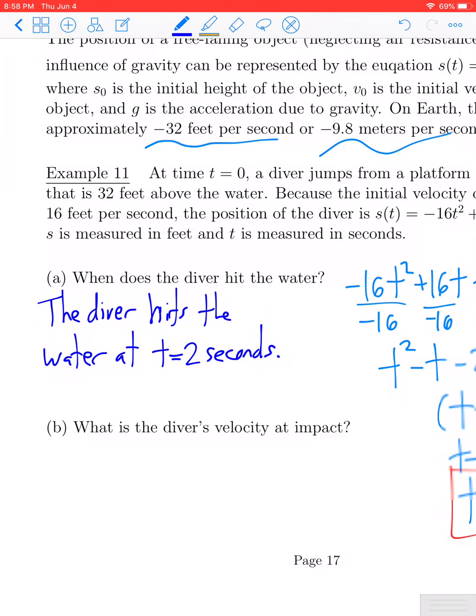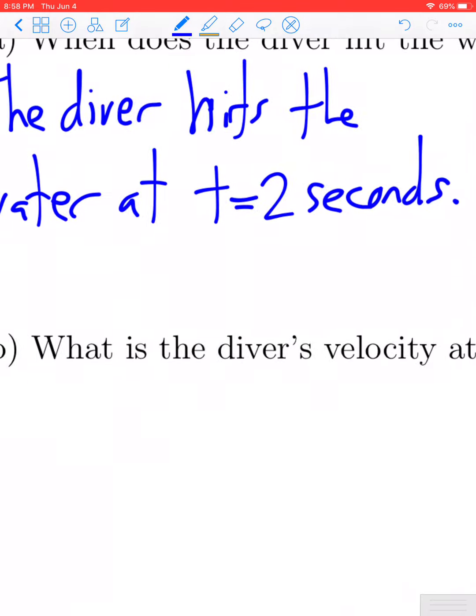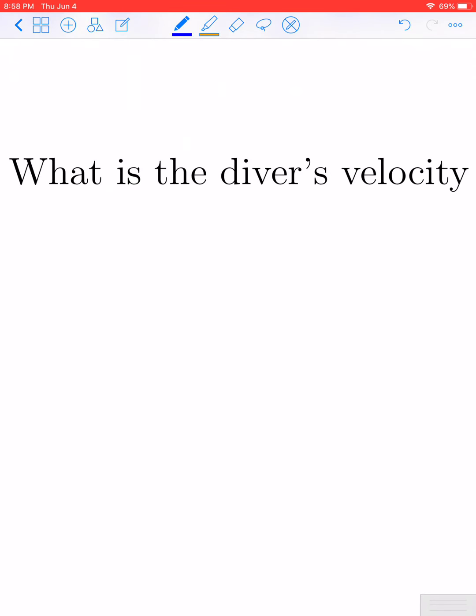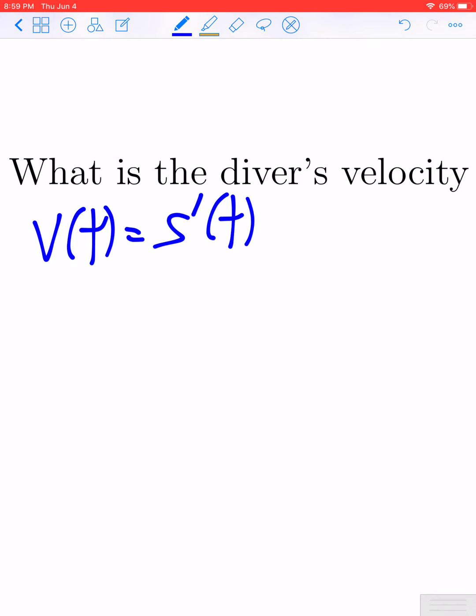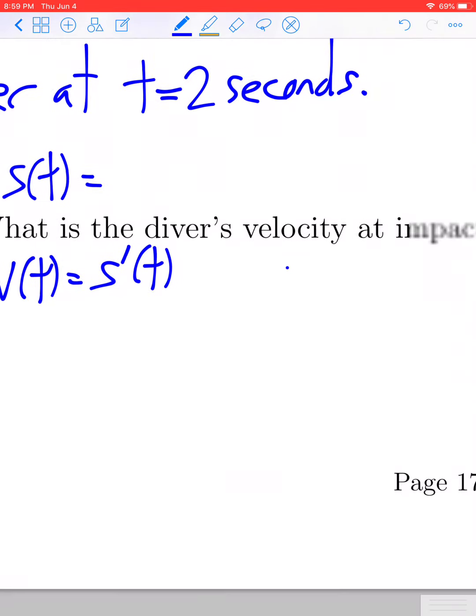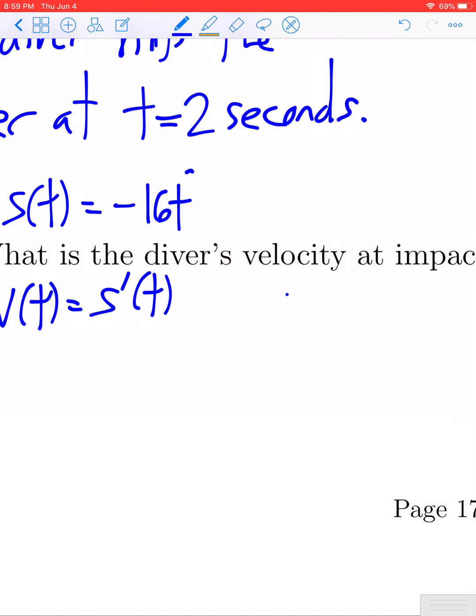The second question says, what is the diver's velocity at impact? If we're talking about velocity, we know that's going to be the derivative of the position function. So we need to differentiate s of t. If s of t was equal to negative 16t squared plus 16t plus 32, that's our position function.